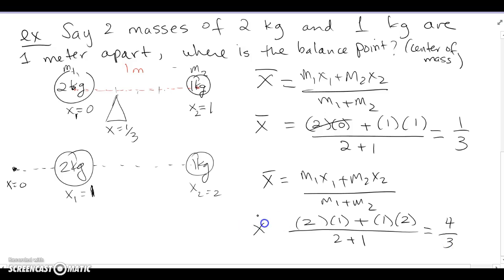It simply gives me that based on the axis I set here, my center of the system will be at 4/3, which is really, notice, 1 and 1/3. So nothing changed. My fulcrum got placed at 1 and 1/3. Still 1/3 of the way from this guy and 2/3 of the way from that guy.